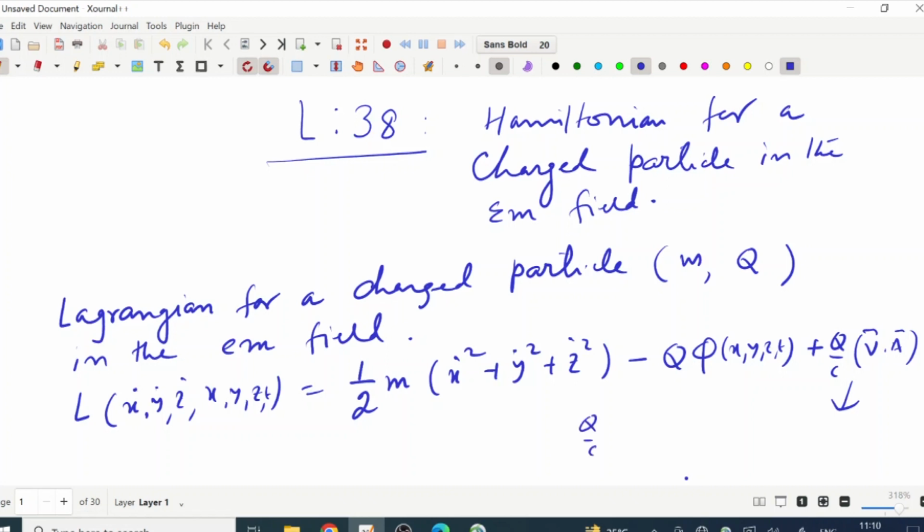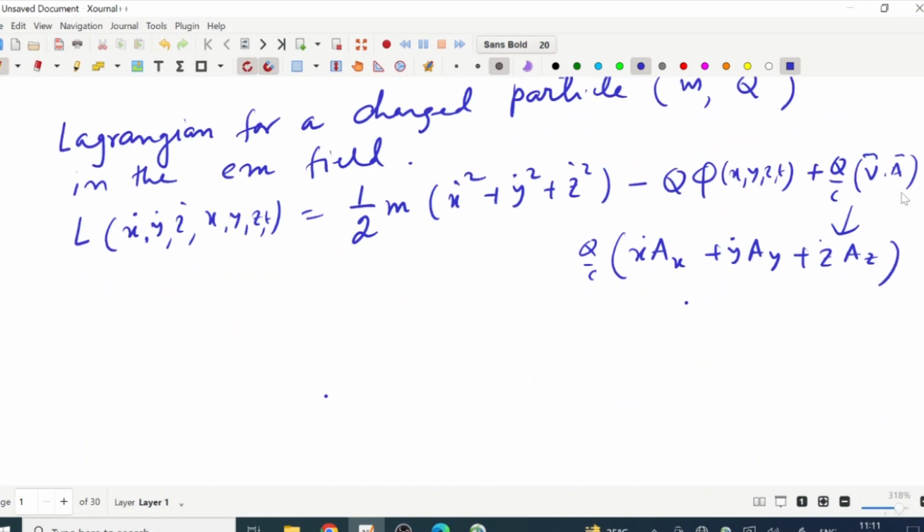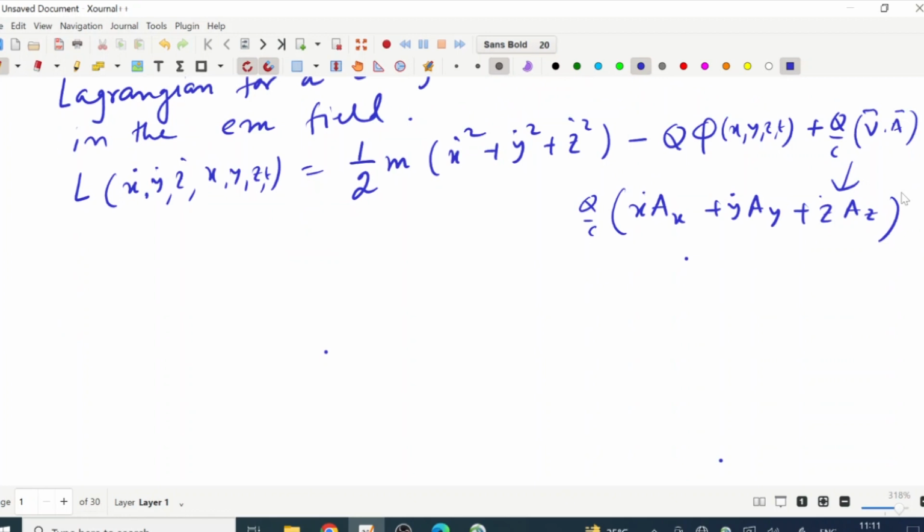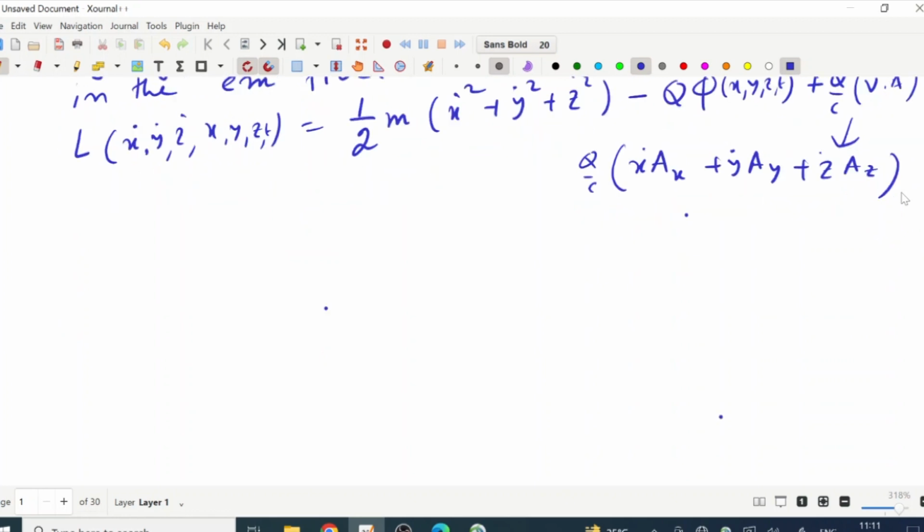Let me write q by c, where c is the velocity of light, times x dot A x plus y dot A y plus z dot A z, and the potentials phi and A are functions of the coordinates and time. Okay. So, this is the Lagrangian, and we want to construct the Hamiltonian for this system.